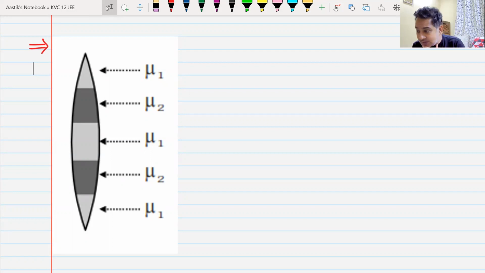The question they are going to ask is, how many images will be formed if I place an object? How many different images would be formed?